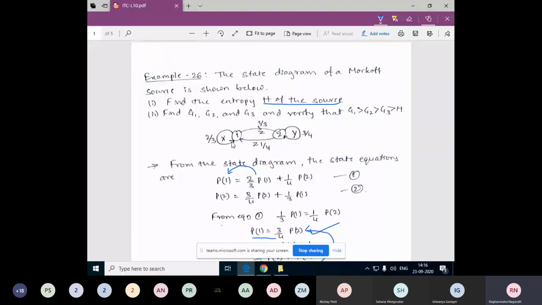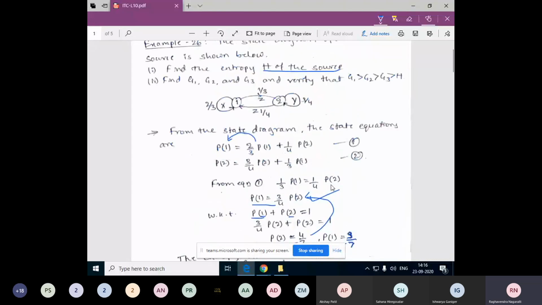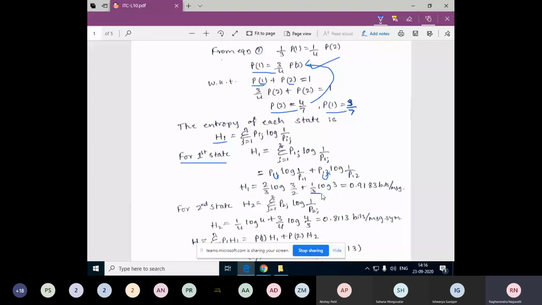That is what we are substituting here, 2 by 3 log 3 by 2, plus the probability of transition from 1 to 2, which is 1 by 3. That value is substituted here, 1 by 3. After the calculation, this is what we get: 0.9183 bits per message symbol.